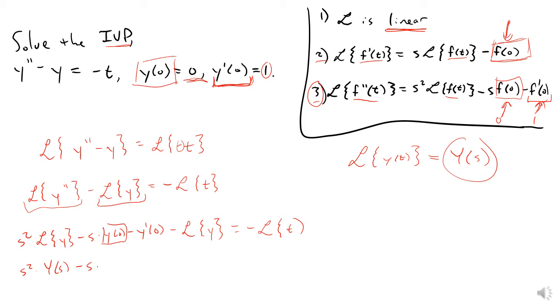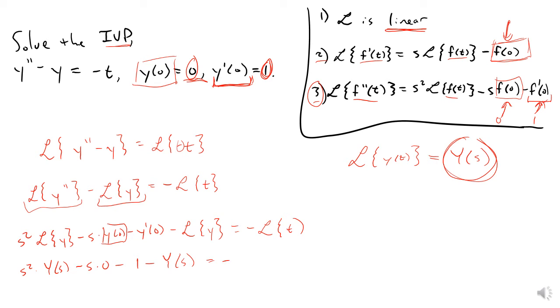Y of 0 is 0, so s times 0 minus y prime of 0. Look back up to our initial conditions. Y prime of 0 is 1. So minus 1 minus the Laplace transform of y. Again, we're naming the Laplace transform of y. We're just going to call it some function capital Y of s.